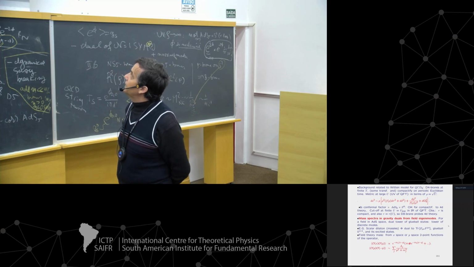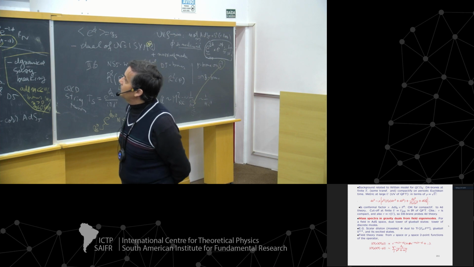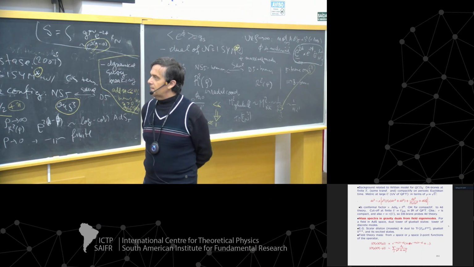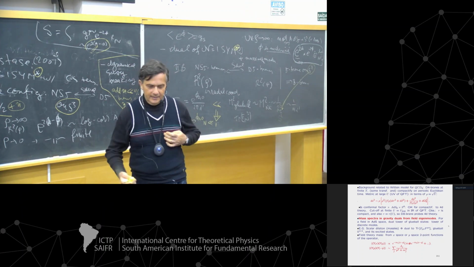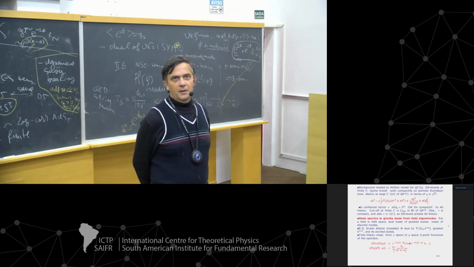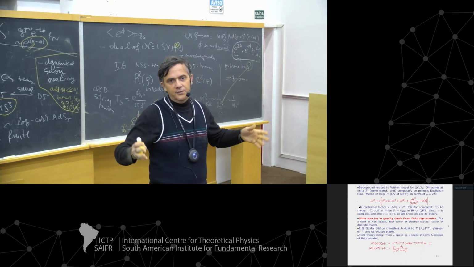But how do we get now mass spectra? So this is slightly different than in the other cases. In the other cases, the mass spectra was obtained as simply the eigenmodes for various fields in the gravity dual.